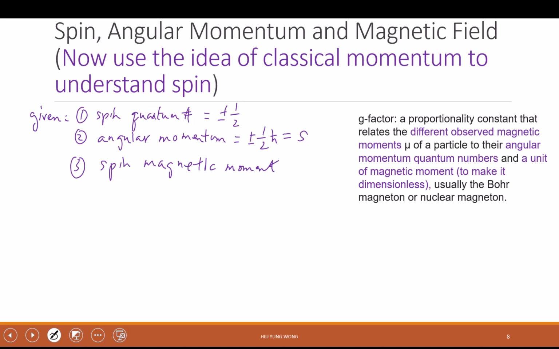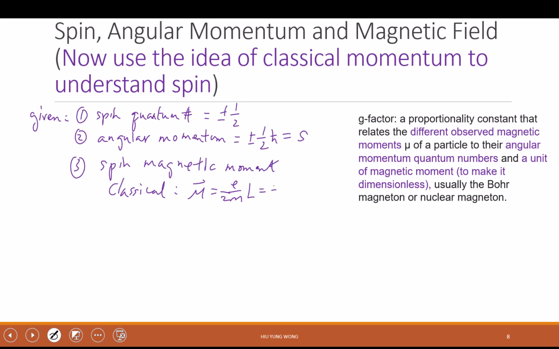This is the same for spin, except that we need to remind ourselves the spin is not really something rotating, but it has angular momentum, which is called the spin angular momentum. But what is the ratio to the spin angular momentum? Let me just remind you, right? The classical one, I just told you, is the magnetic moment equal to q divided by 2m times L. If I use the classical way, then what should I get?